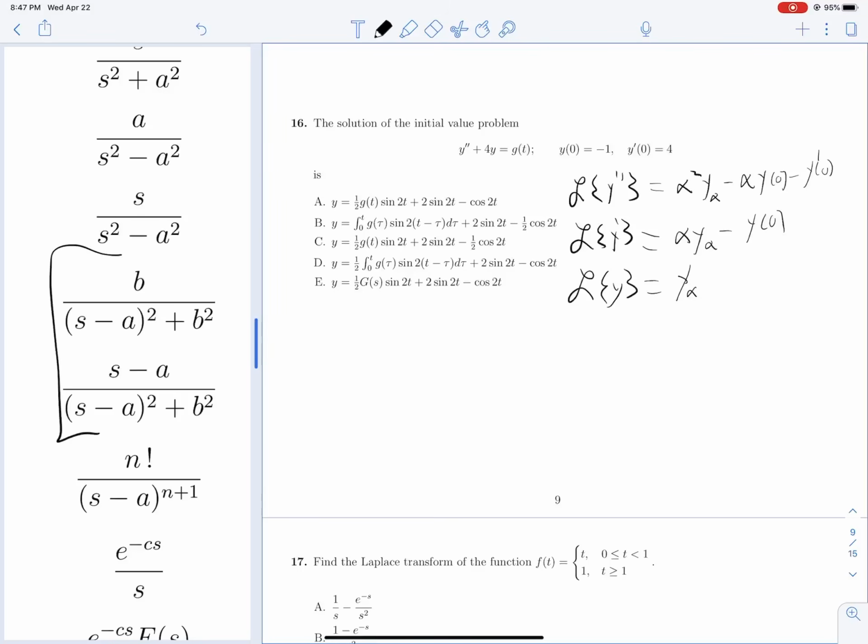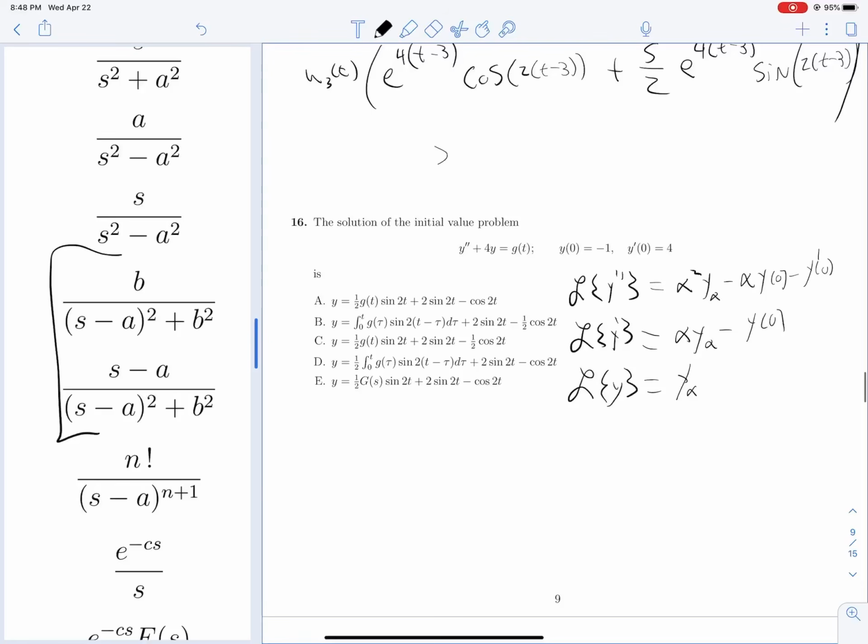So let's take the Laplace transform of both sides of our equation here. That gives us, and I'm actually going to do that up here, because I'm afraid this might be a big scary one to solve. So this y double prime will become alpha squared y alpha minus alpha y at 0, so that's plus alpha using that initial condition, minus 4 using that initial condition.